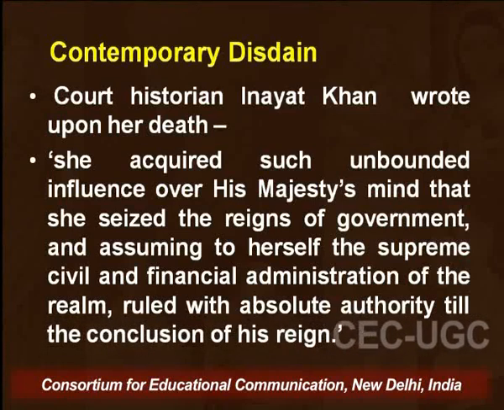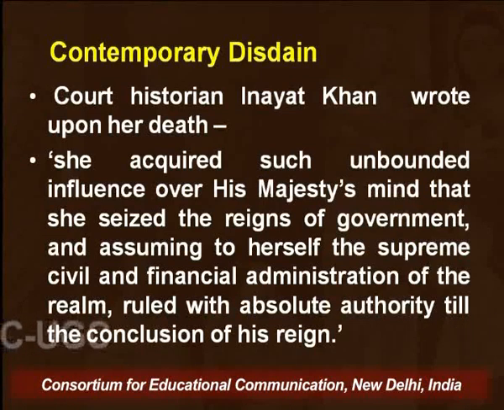What he wrote went like this: she acquired such unbounded influence over His Majesty's mind that she seized the reins of government, and assuming to herself the supreme civil and financial administration of the realm, ruled with absolute authority till the conclusion of his reign.